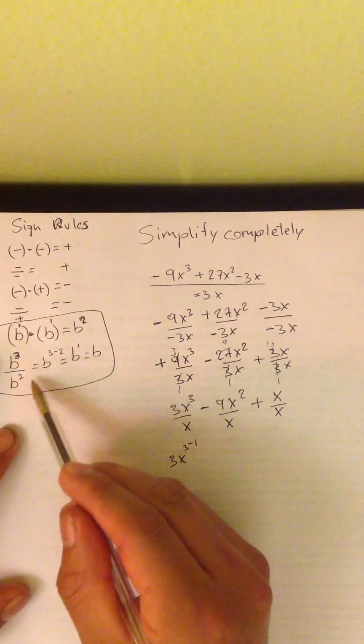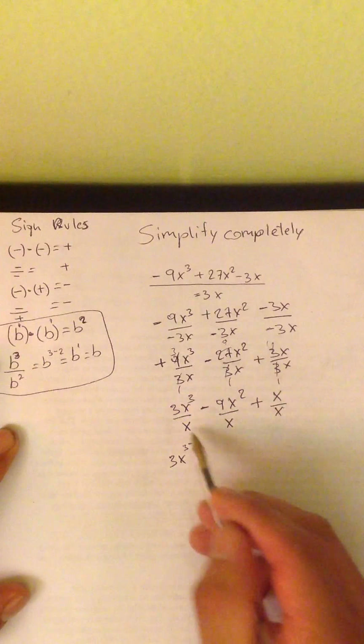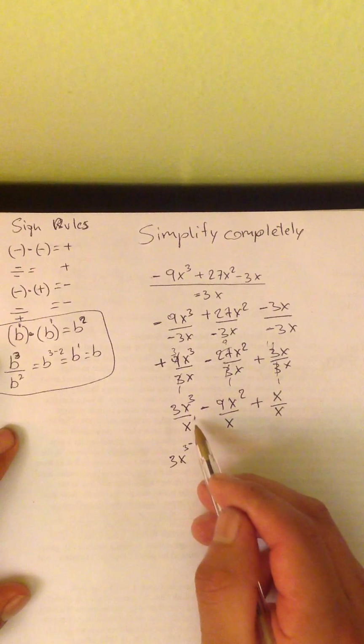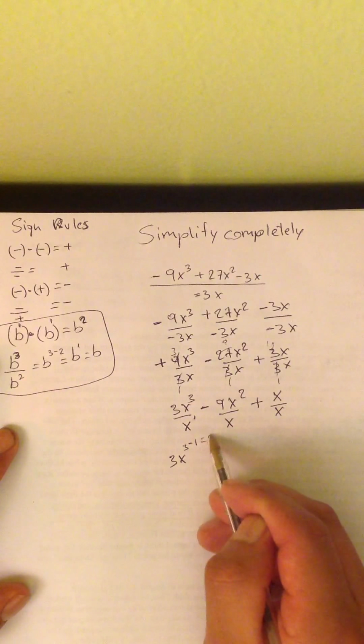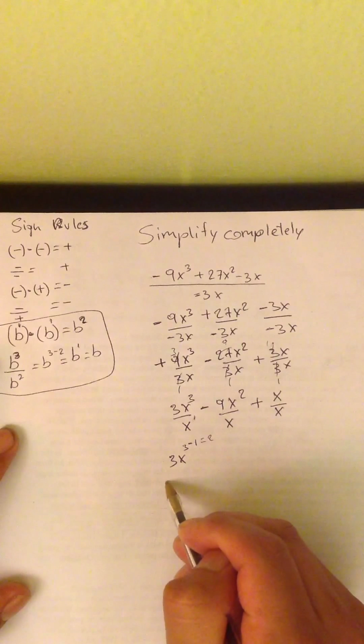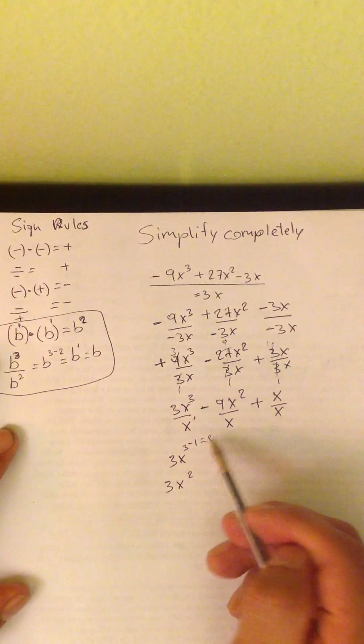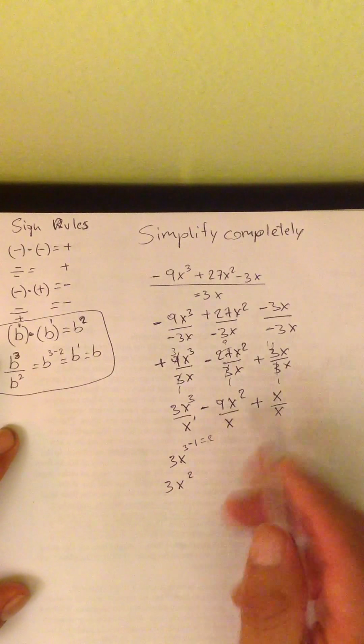Just like we did here, you see? Minus 2 has a power of 2. So here has a power of 1. And we're left with 2, right? So now we're left with 3x to the power of 2. There you go.